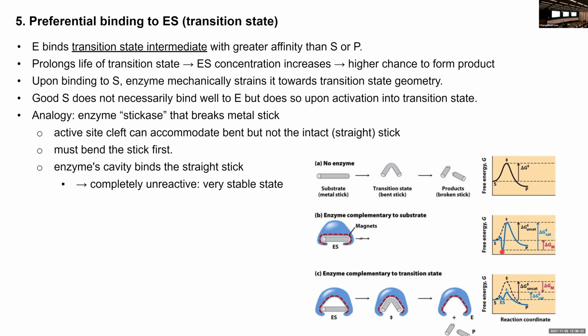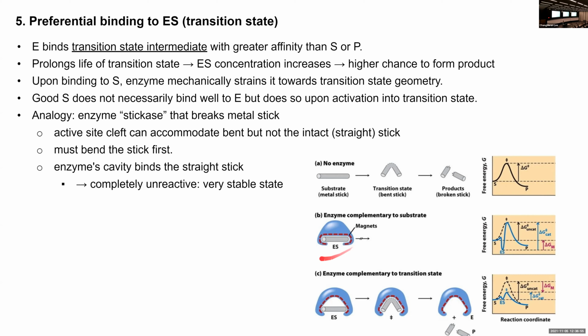So the ES complex here is going to have a much lower G value than S. So instead of going up, it'll go down, meaning that your delta G double dagger, which is the free energy of activation, is going to be much higher compared to the uncatalyzed one, the original form. So basically, there's a huge dip in energy, so it will just stay here forever as an ES form, which is a bad thing, right?